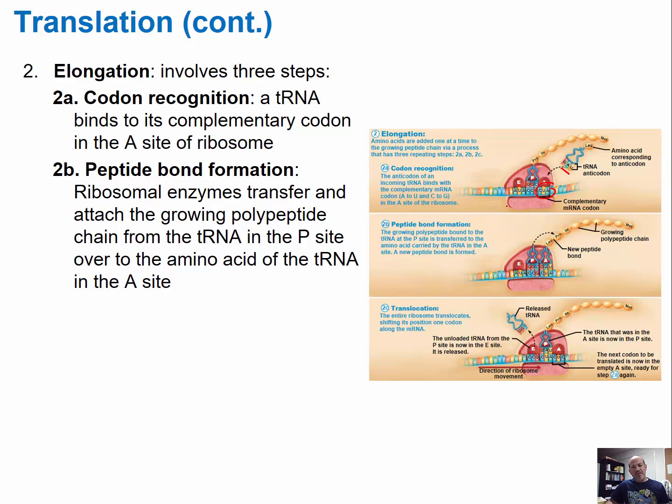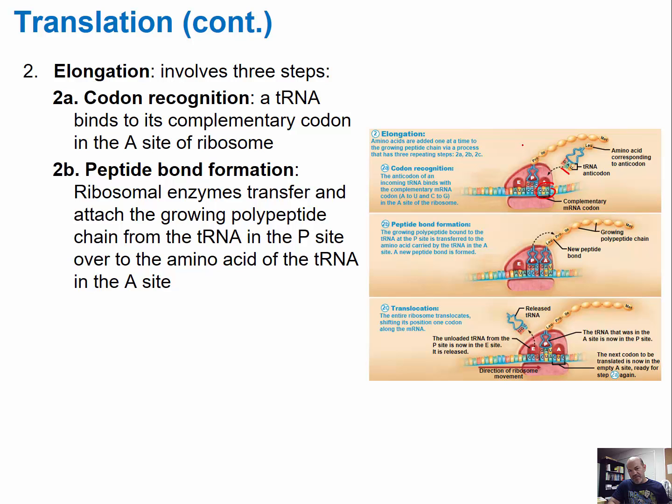And then the second step is the peptide bond formation. So here, the ribosomal enzymes are going to transfer and attach the growing polypeptide chain from the tRNA in the P site over to the amino acid of the tRNA in the A site. So let's take a look at what that means here.